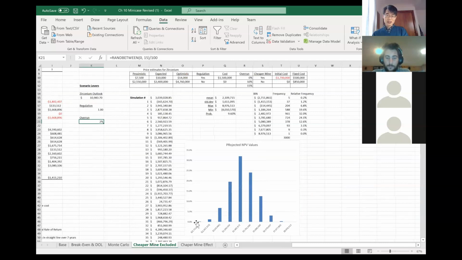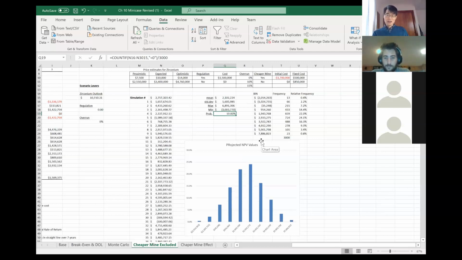And this is basically the chart that shows the NPV distribution. And again, the probability for the net present value to be negative is about 9%, 9.6%, about 10%. And obviously these numbers will change. But no matter how many simulations that you run, you can see that this is somewhere between 9 and 10%. Okay.